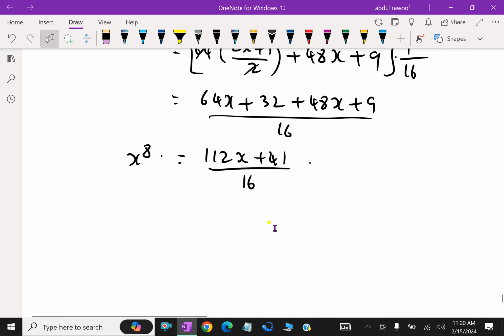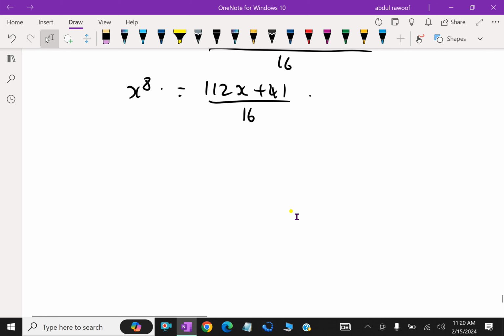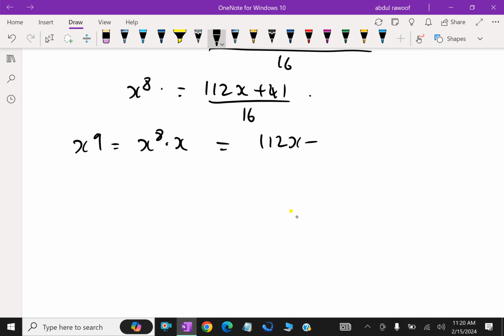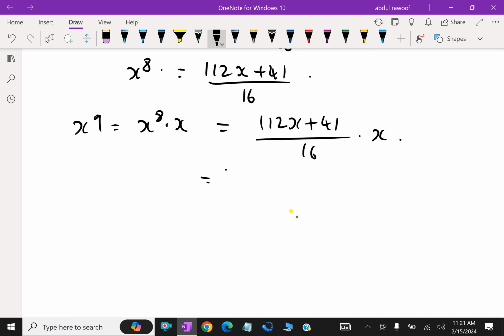Now we need x power 9. x power 9 is nothing but x power 8 into x, which is equal (112x plus 41) over 16 into x, which is equal (112x squared plus 41x) over 16. That is x power 9.